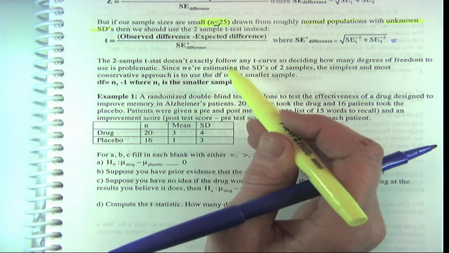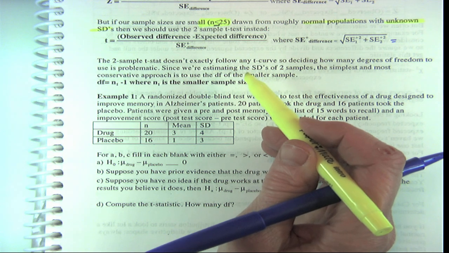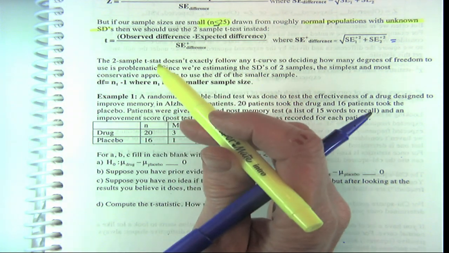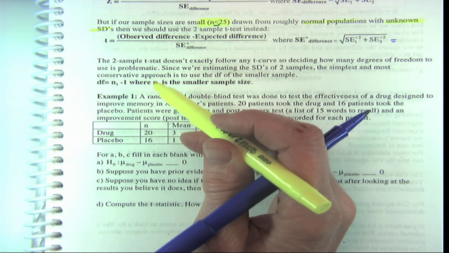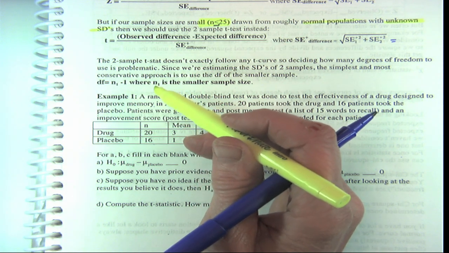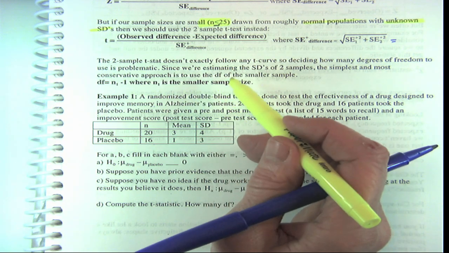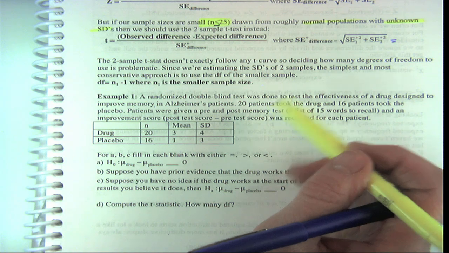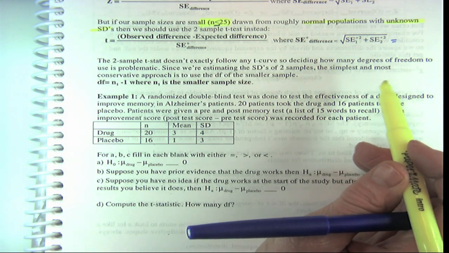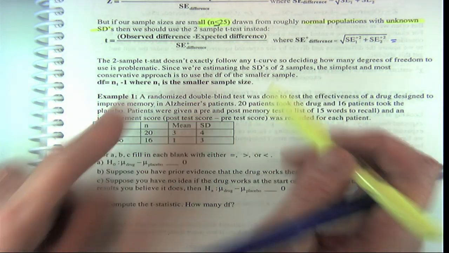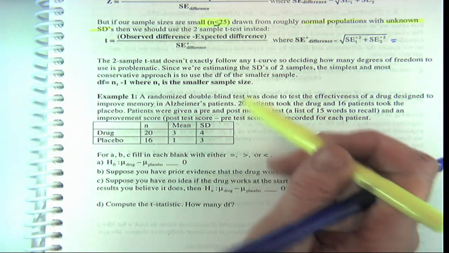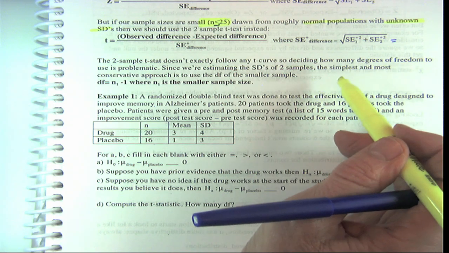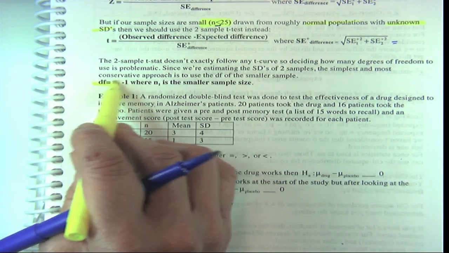With one sample, the t-statistic follows a t-curve. But with two samples, it doesn't follow the t-curve. So deciding how many degrees of freedom, if you have two different standard deviations here, is really problematic. So we're just going to use this simple conservative approach.